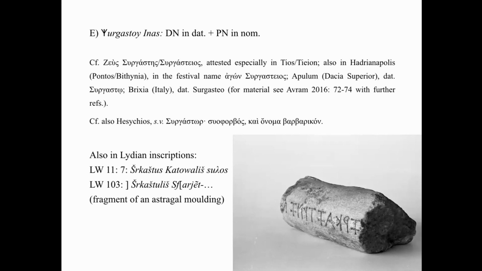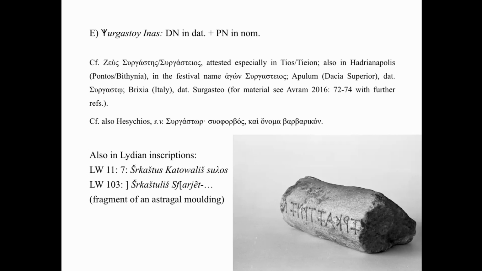In Lydian it is attested in a not quite clear context in one long inscription, in combination which might imply that we are dealing with a personal name, which is not quite impossible if we take into consideration the gloss of Hesychius, onoma barbarikon. It's not quite clear what sort of onoma he means, but probably a personal name rather than a divine name.